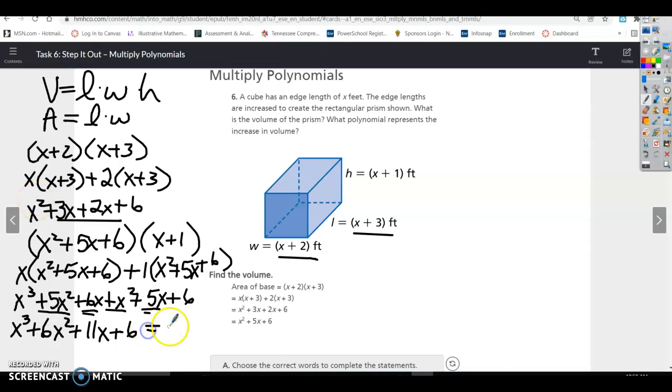So this equals, I'm just going to put the V on this side. It doesn't matter. All right, so when I found this first part here, this was the area of the base. And then I brought in the height, and when I brought in the height, that gives us the volume.